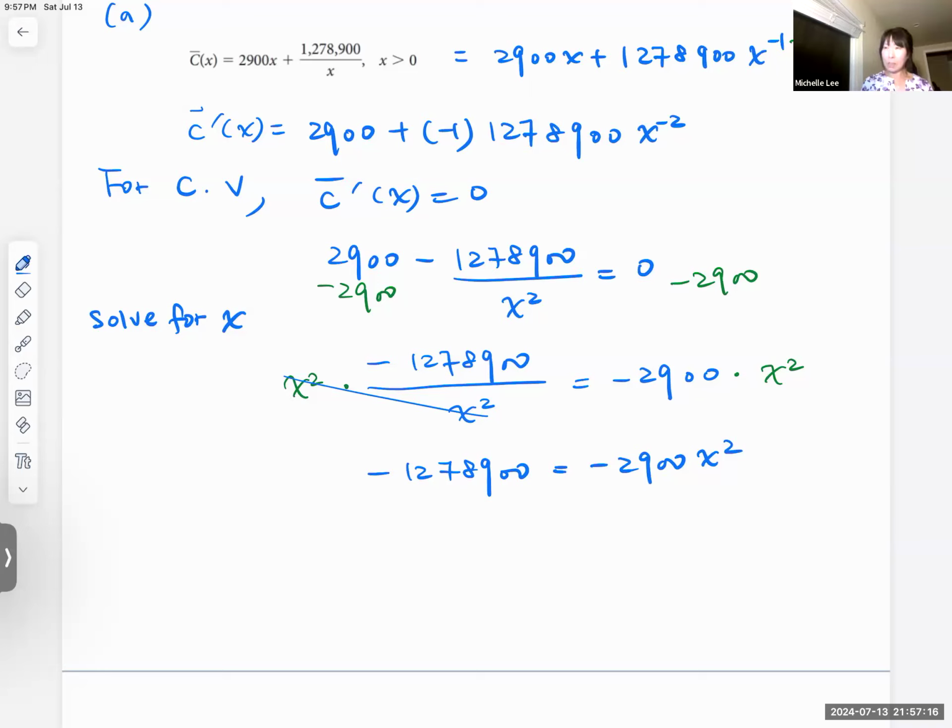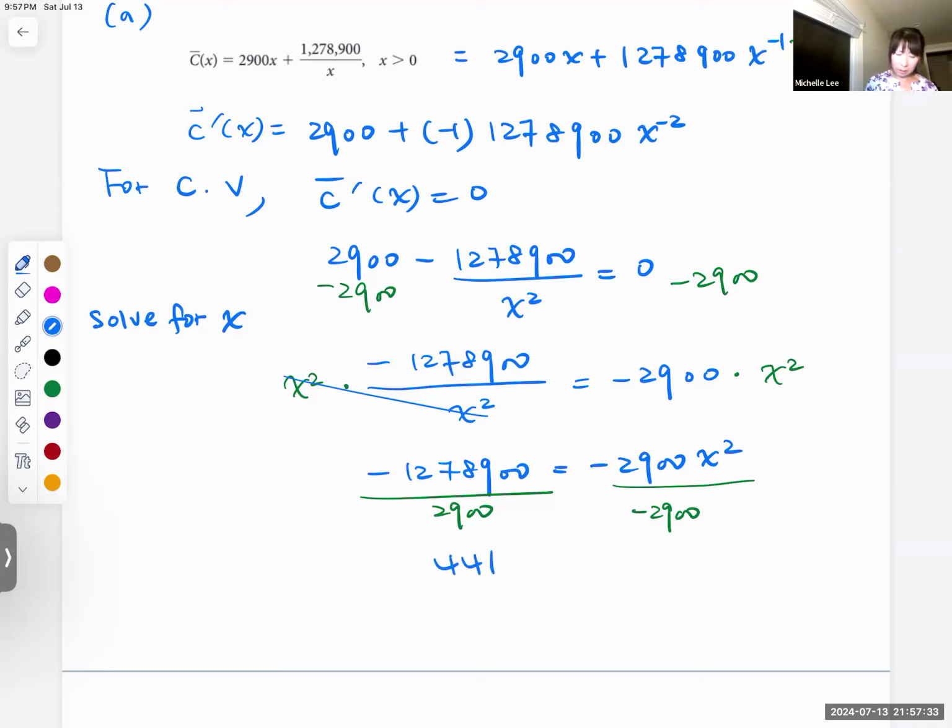We divide by negative 2900 on both sides. So we have this number, 441, missing the negative, equal to X squared.